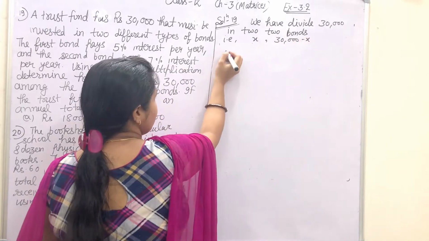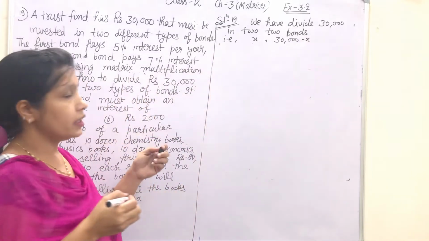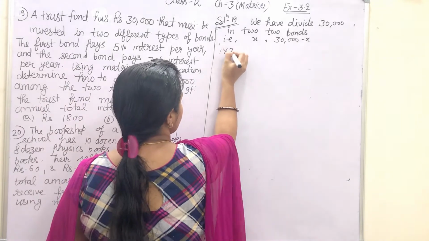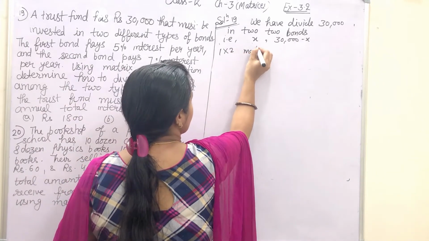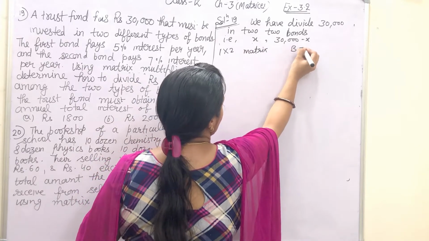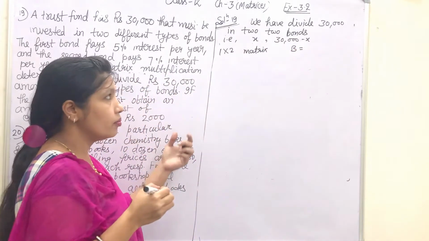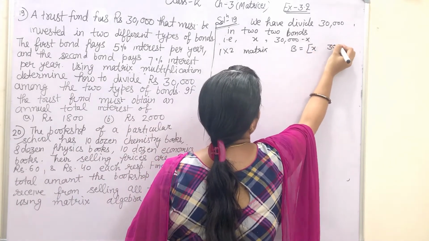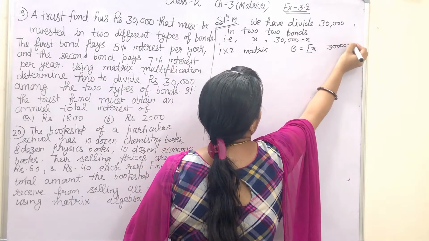In matrix multiplication, we write it in one row and two columns, a 1 cross 2 matrix. This is our bond, so we represent it by P. Here we write x and 30,000 minus x.